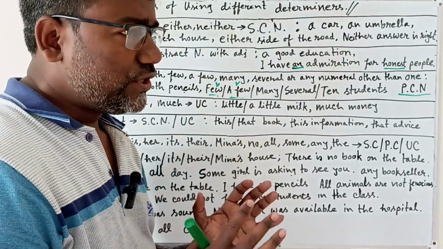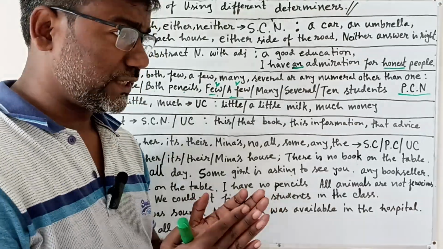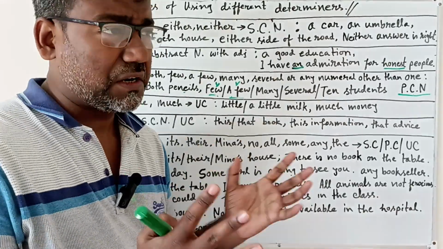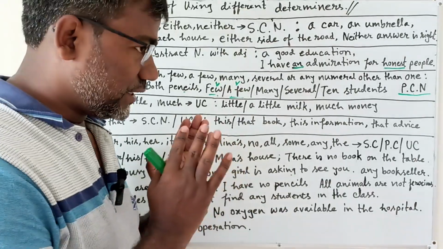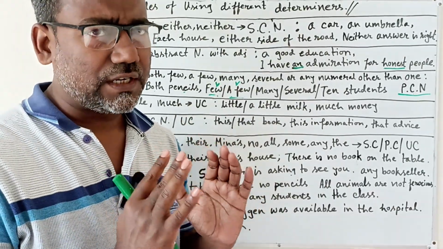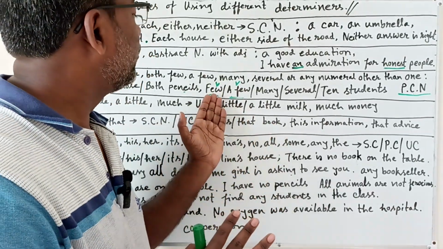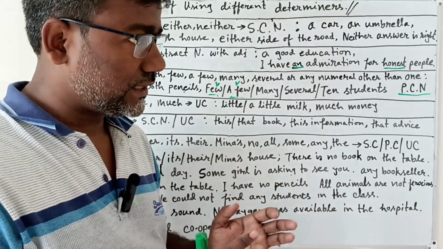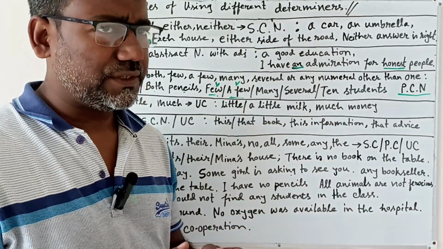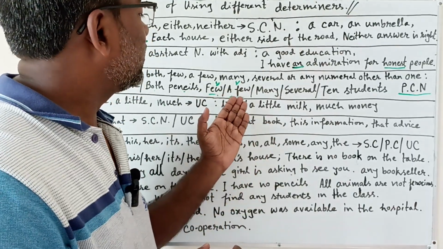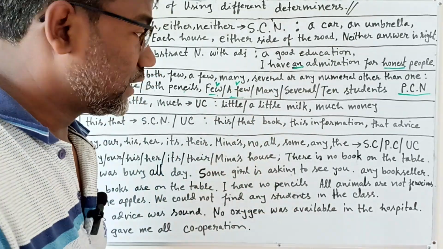He has few friends. That means few is negative, none, no friends. The man is very unsocial. He has few friends. And I can say the man is very reserved. He has a few friends.